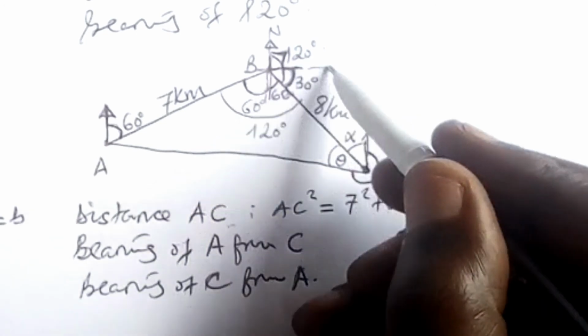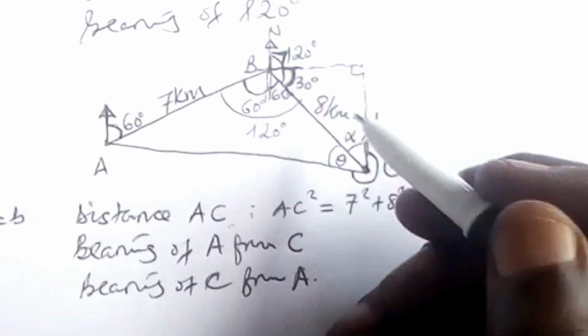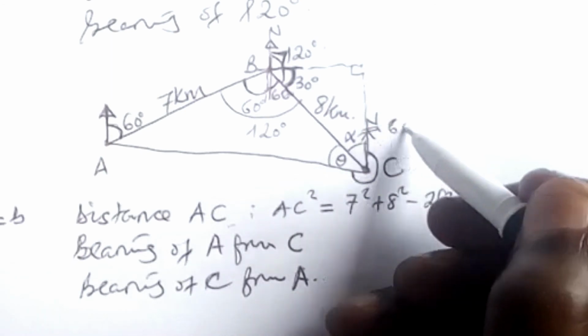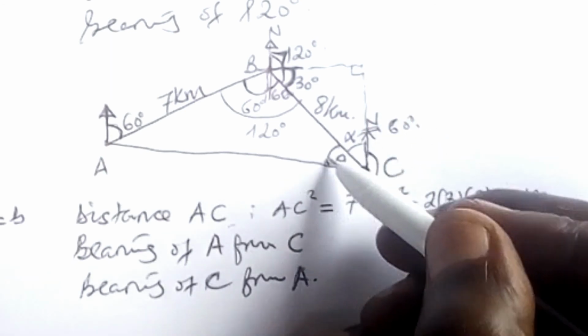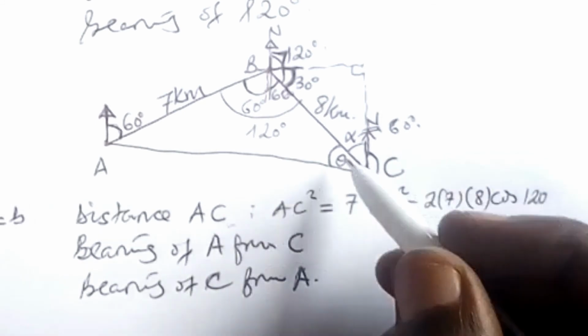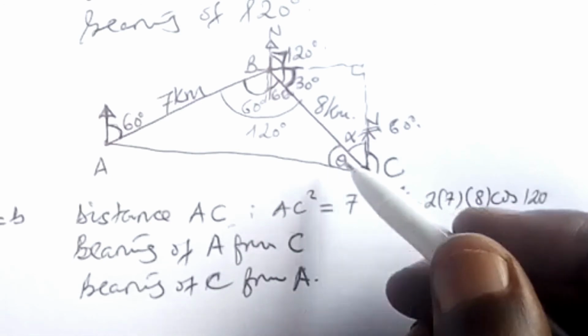If you complete that triangle up there, you see that is right angle. This is 30, then obviously alpha is 60 degrees. So the main task now is to get angle theta. And to find theta, we can use the sine rule.